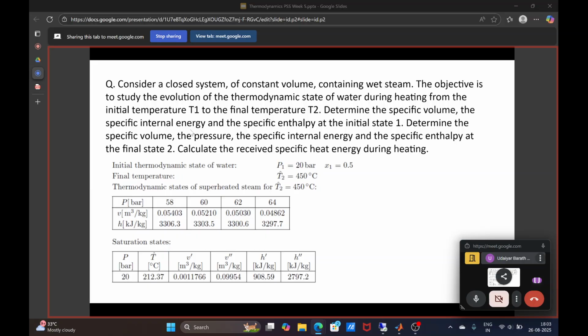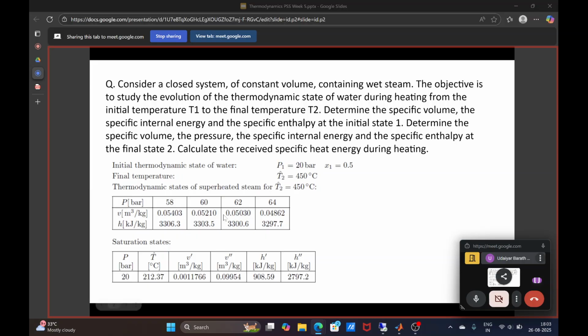So what do we know? The initial pressure is 20 bar, and the dryness fraction, or vapor fraction, is 0.5. And the final temperature is 450 degrees Celsius. The data is also given directly.